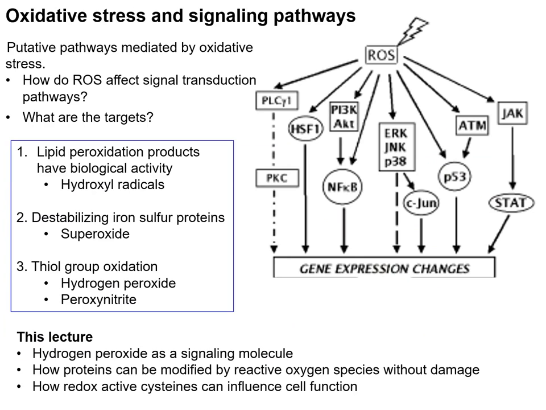So let's have a look at how reactive oxygen species can affect signal transduction pathways. On the right hand side here are some examples of where reactive oxygen species have been shown to affect signal transduction pathways. Some of these you may already be familiar with, such as NF-kappaB or perhaps the JNK pathways.